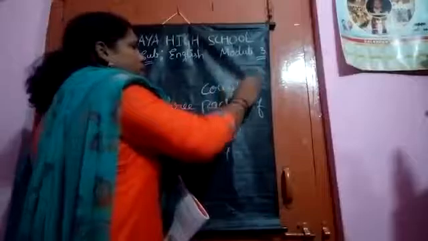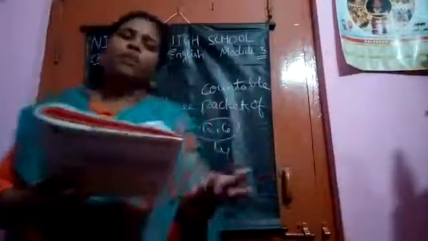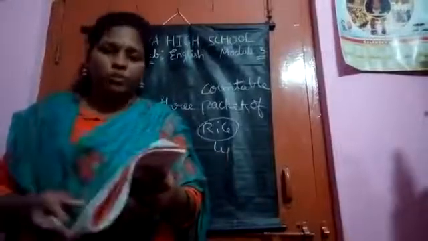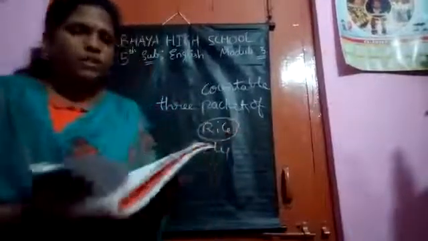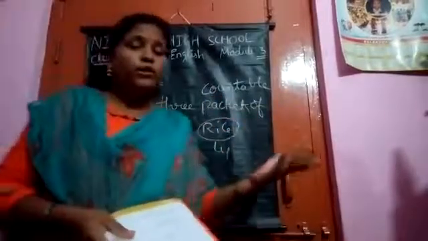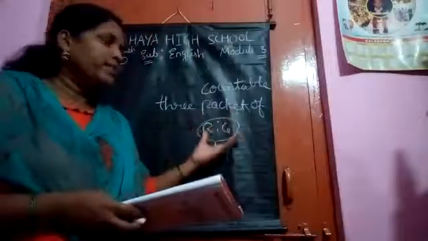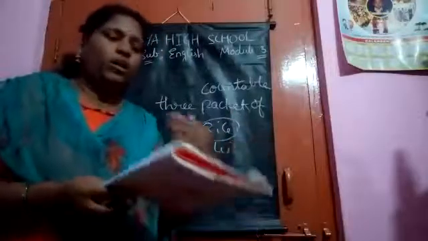See, pieces of jewelry, I said, no. Now 3 packets of rice, 2 bottles of water. Like this we can change the uncountable nouns into countable nouns.